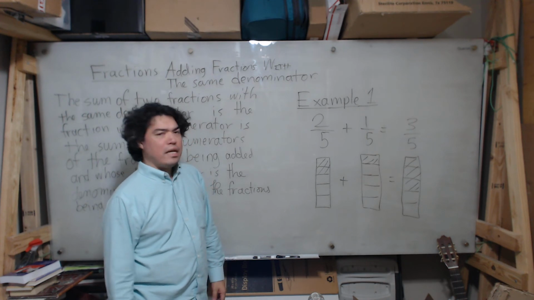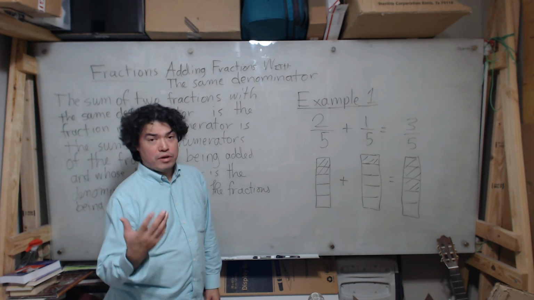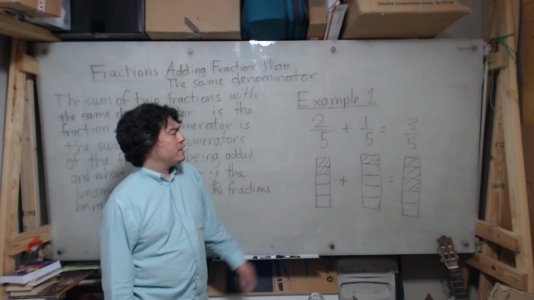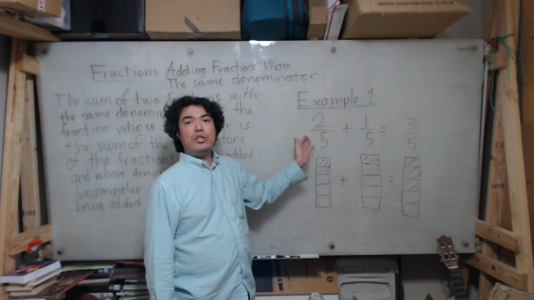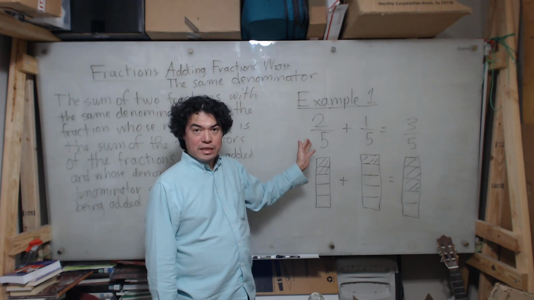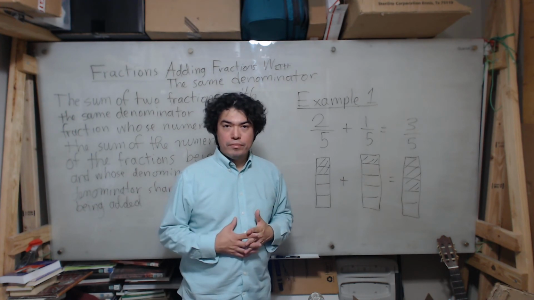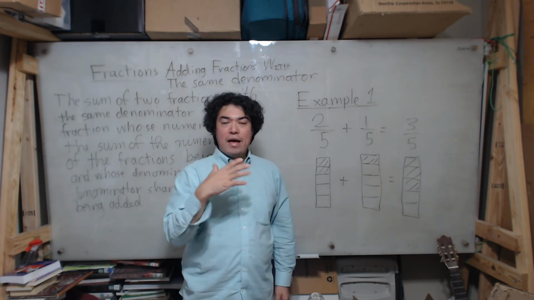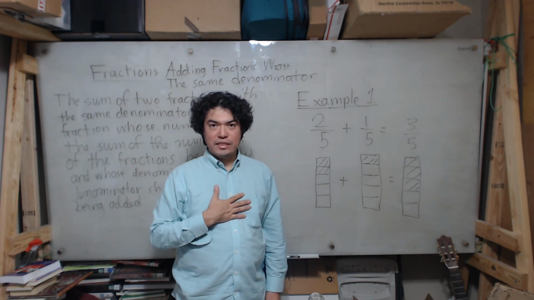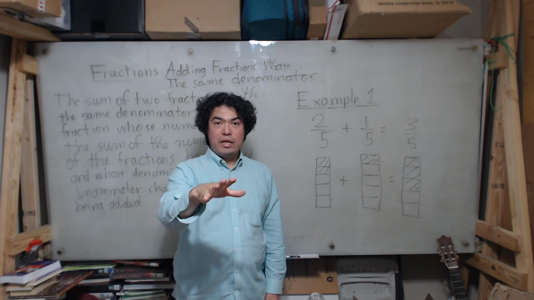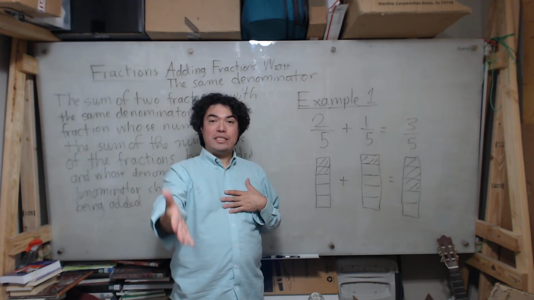And let me tell you also why this works from a different perspective. Basically, because the whole has been sliced into the same number of equal slices, these slices are comparable. For example, if I had a pizza that was sliced into 5 slices, and you had a pizza that was sliced into 10 slices, my slices are twice as big as yours.